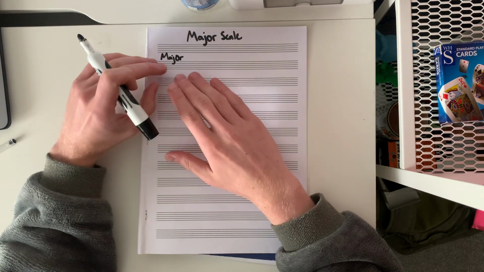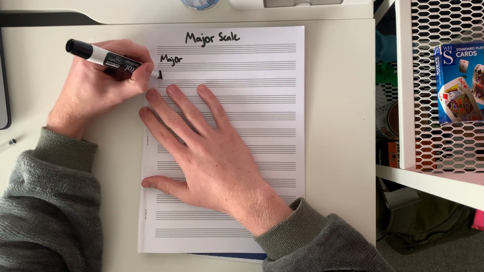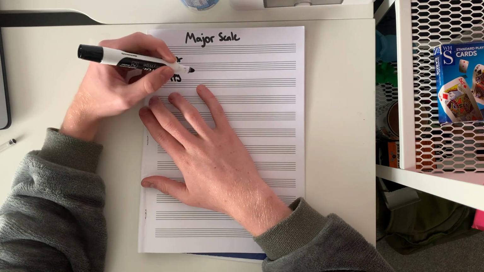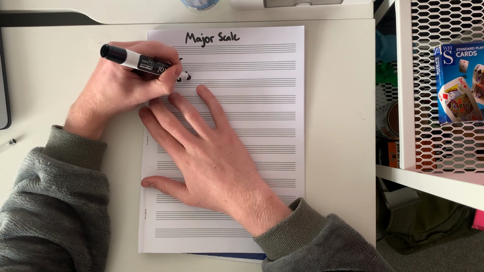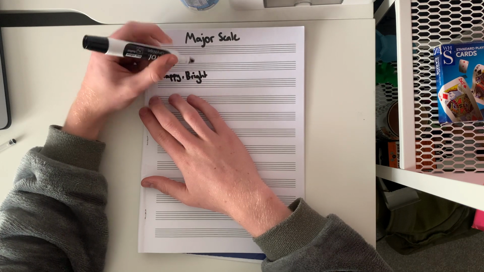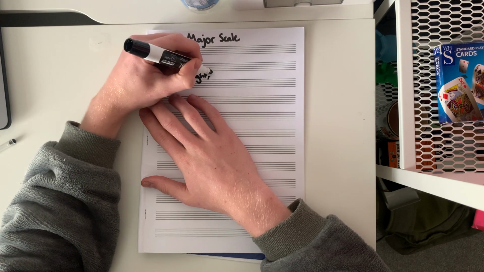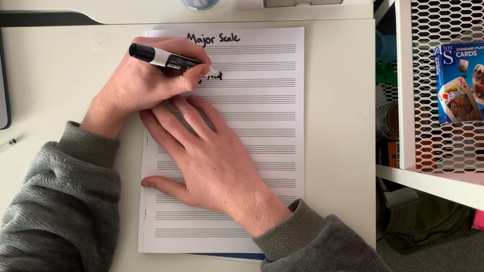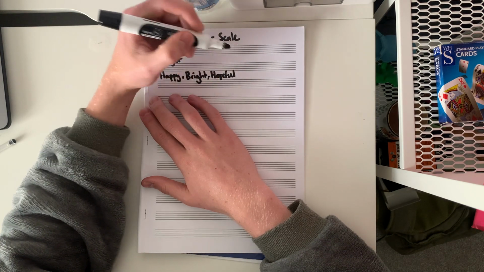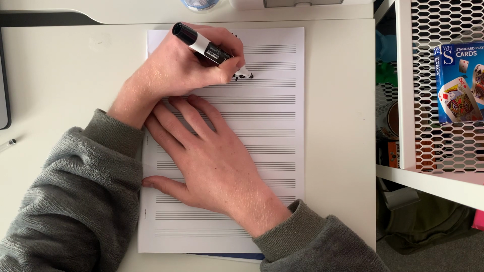Okay? When things are major, we would describe them as being happy, maybe bright. Sometimes they could be described as being hopeful, and more often than not, but not always, energetic.